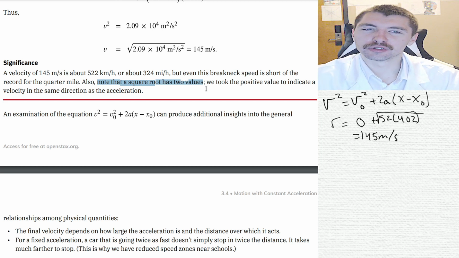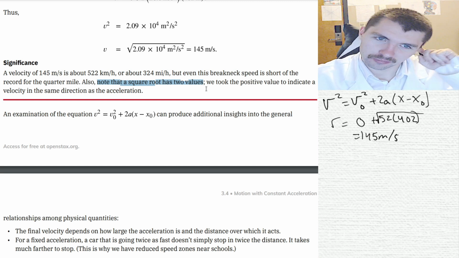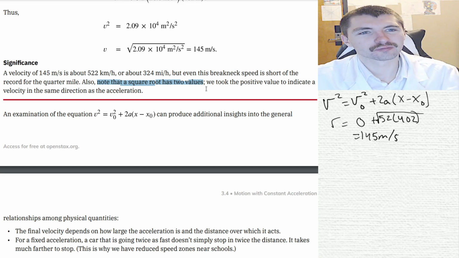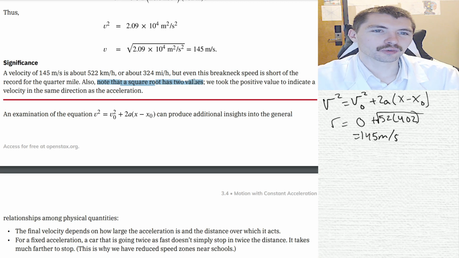I've argued with teachers over this. Some will say square root implies positive. Like I know what it's saying.